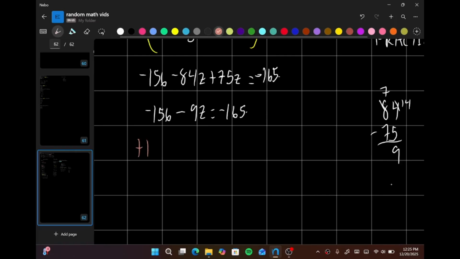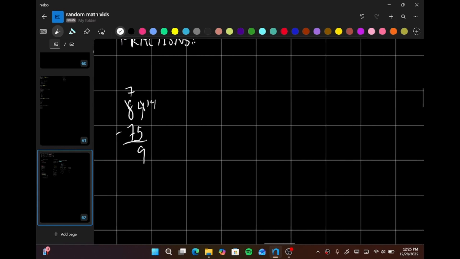So now here we're going to do negative 9z is equal to negative 165 plus 156. 165 minus 156 is going to be the following. Hold on, guys. Let me see right quick.